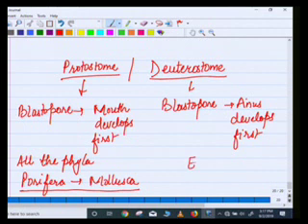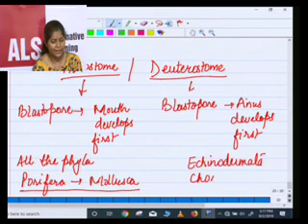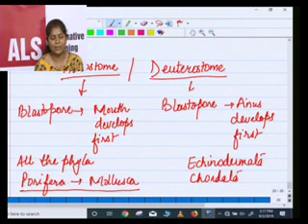And the only phyla, Echinodermata and Chordata, have development of anus first.